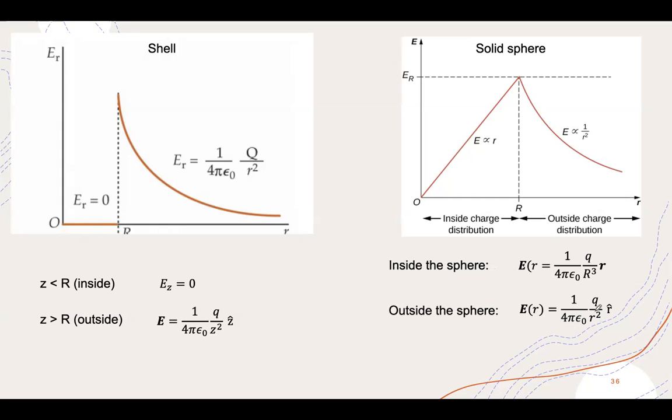Outside the sphere, it behaves similarly to a shell, inversely proportional to R square. So remember these figures, and with these figures you can always conclude how easy the problem is.